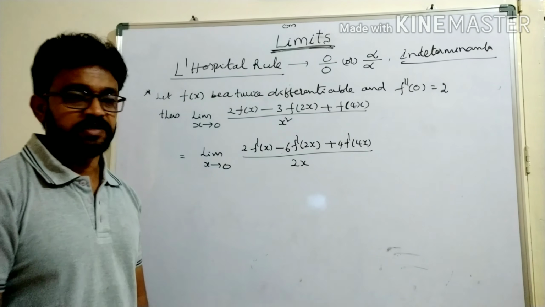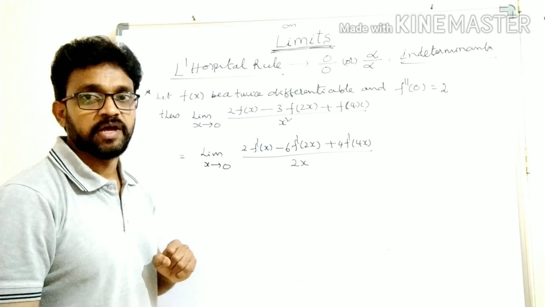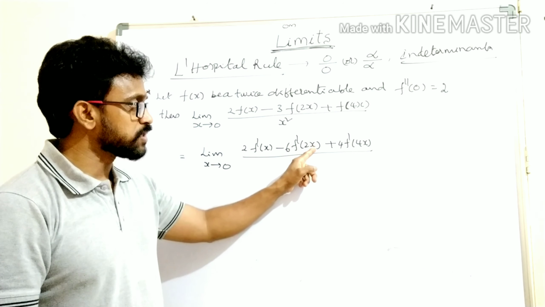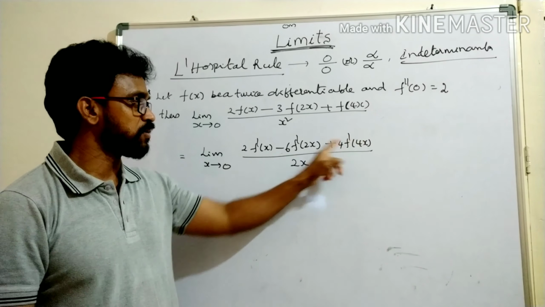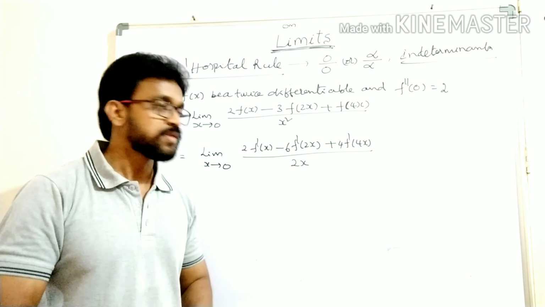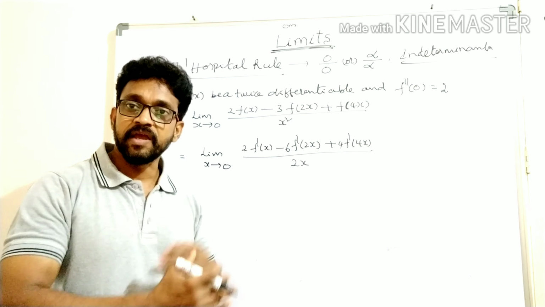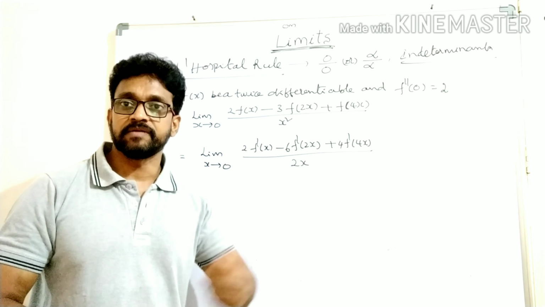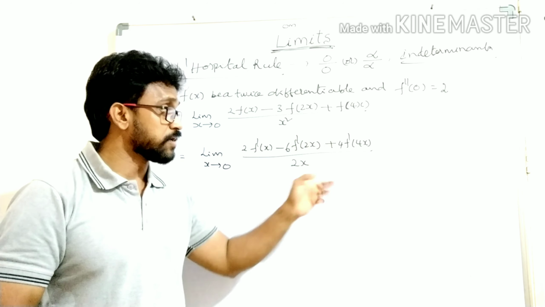Again, just the primary checking now. Replace x by 0, what happens? 2 into f dash of 0, 6 into f dash of 0, plus 4 into f dash of 0. All terms will cancel. Here 0 will come. Again 0 by 0 form came. That's why one more time we should apply it: differentiate numerator and denominator.